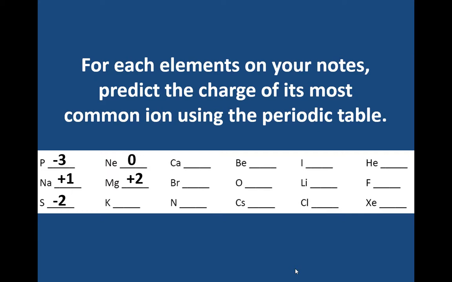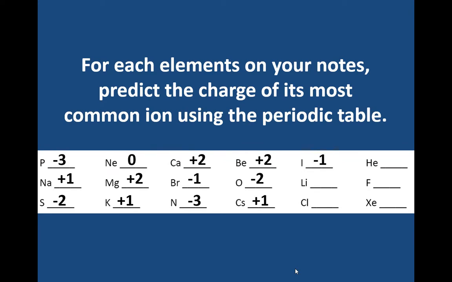positive 2. Potassium, positive 1. Calcium, positive 2. Bromine, negative 1. How about nitrogen? Negative 3. Beryllium, positive 2. Oxygen, negative 2. Cesium, positive 1.